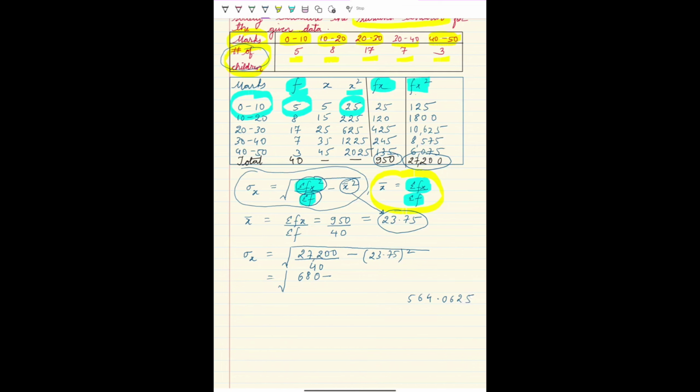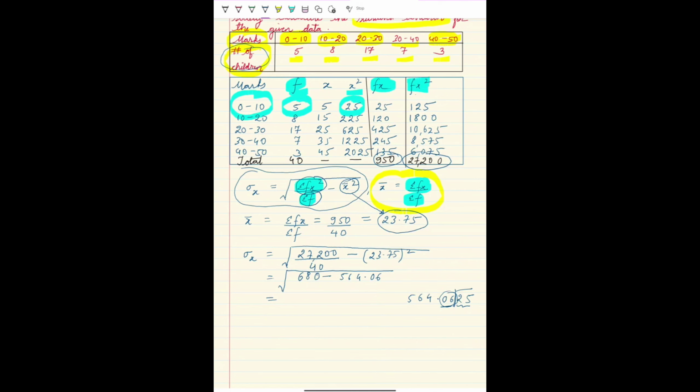The square of 23.75 is 564.0625. Since we have to round it off to two decimal places, we remove this, and as you can see, the successive digit is less than 5, so we keep the number as it is. So we have 564.06.